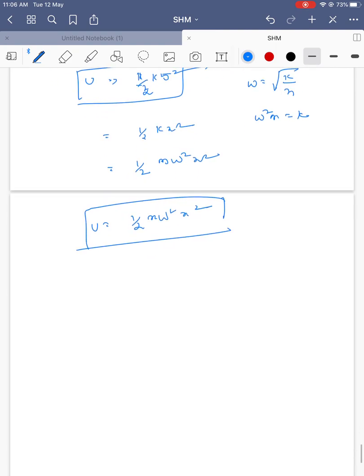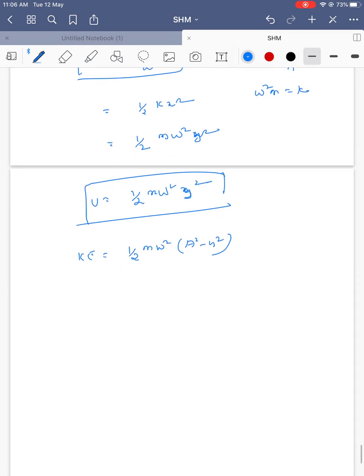Now we are going to see graphs for different expressions. So let's see kinetic energy. Kinetic energy is equal to half m omega square (a square minus y square).